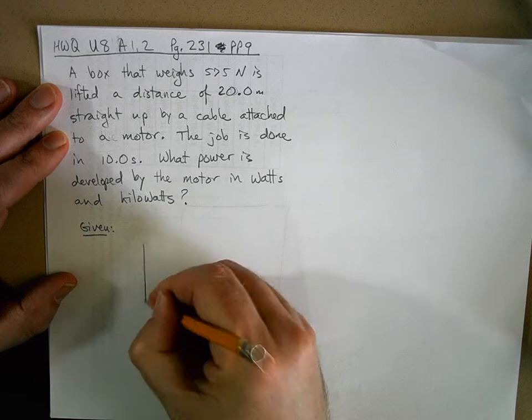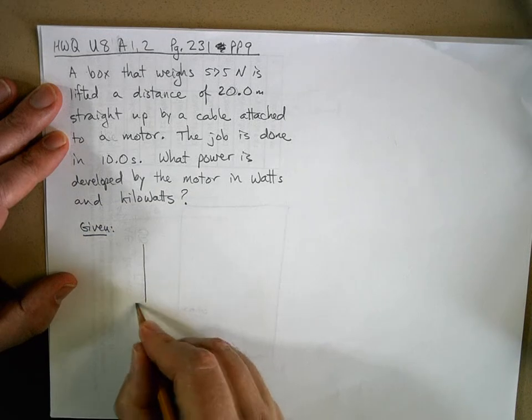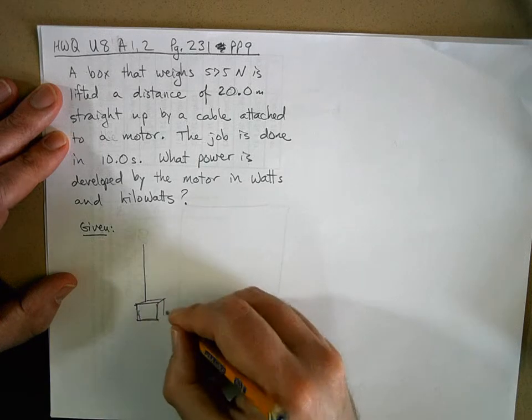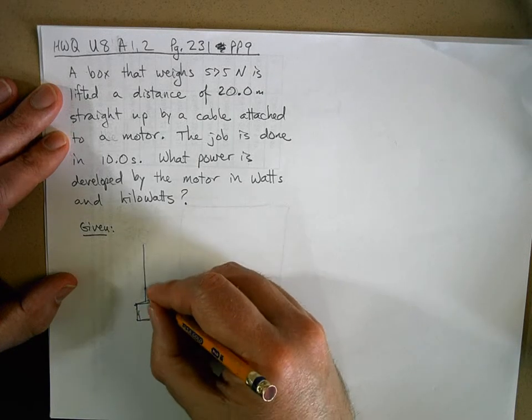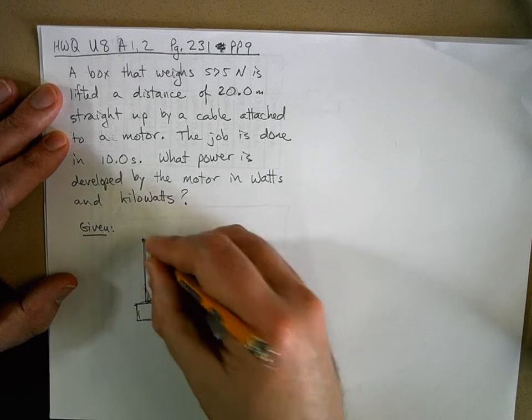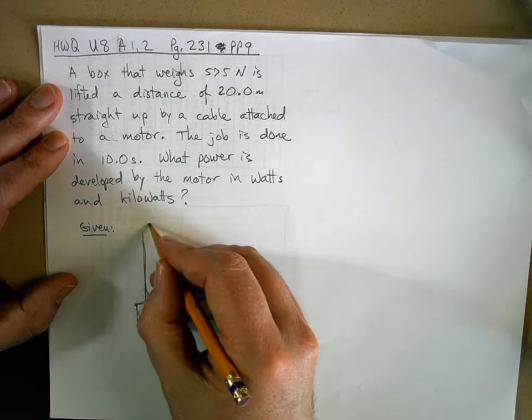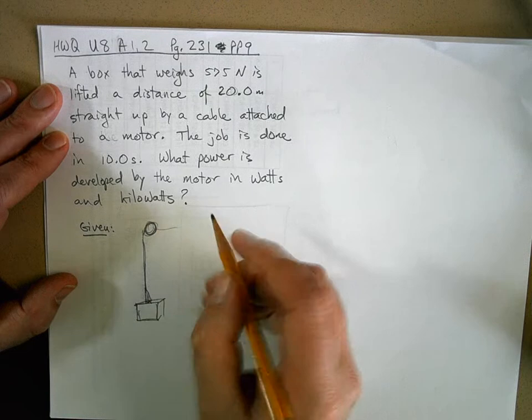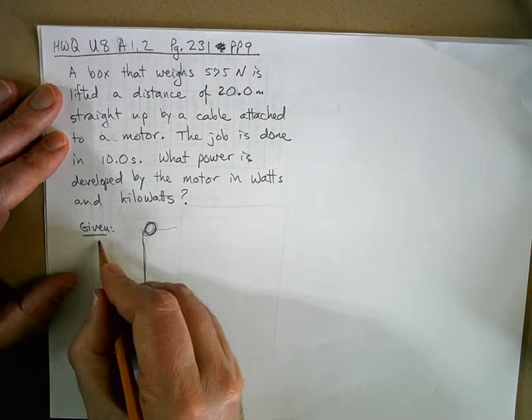So here's our cable, and here's some box. It's quite heavy. Okay. Add a little three-dimensional quality to it. So we'll have the cable kind of attached like this. There it goes. And it's going to wrap around this pulley, and it's going to have a motor attached to it. We're going to lift it.